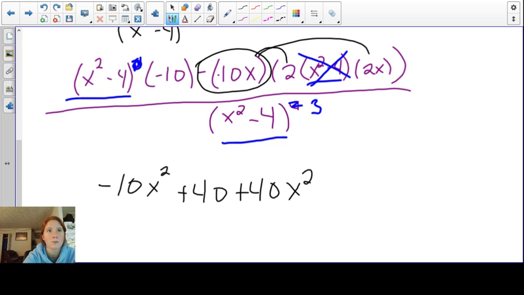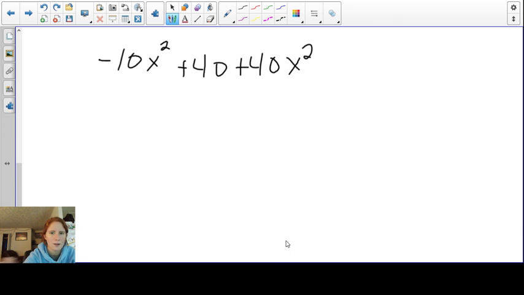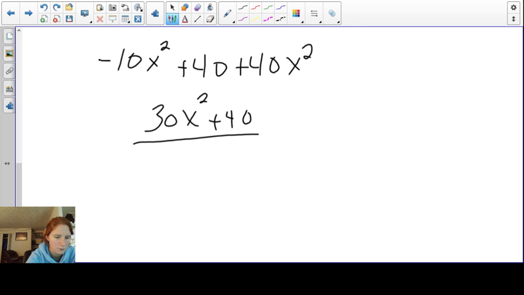Excuse me, I almost forgot that squared. Simplify that down again, and I have 30x squared plus 40 over x squared minus 4 cubed.